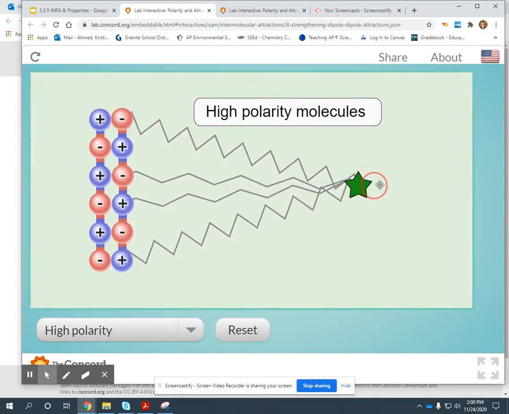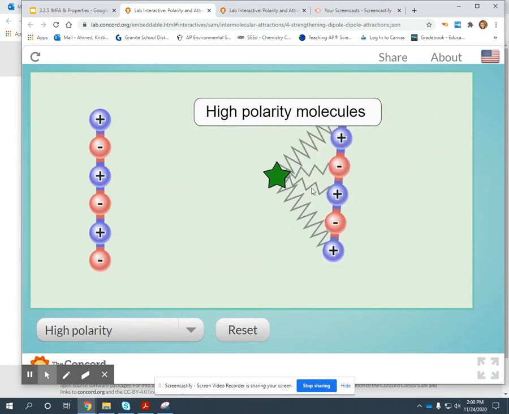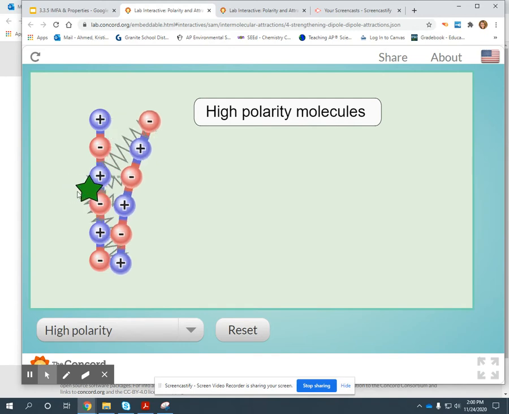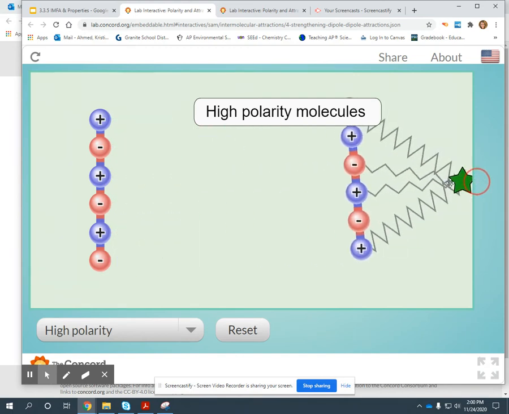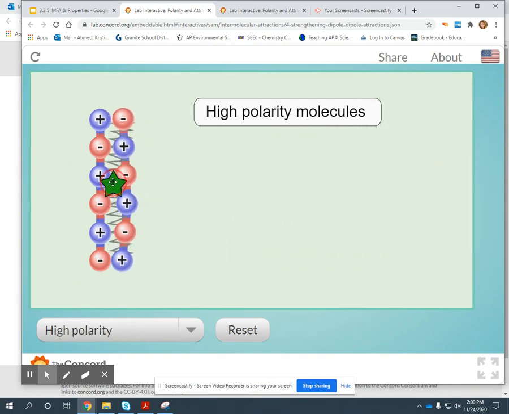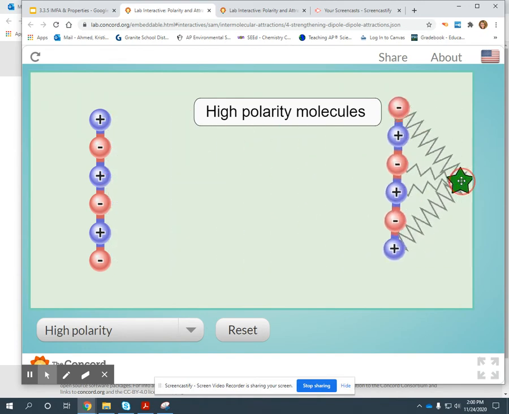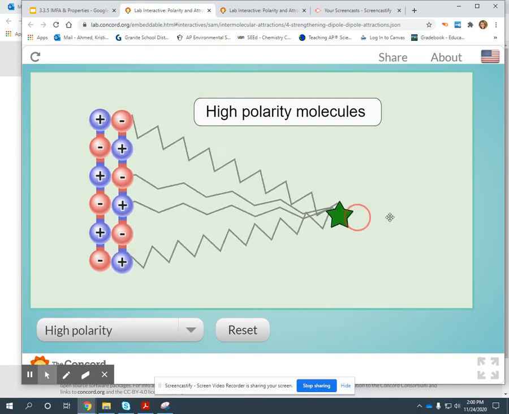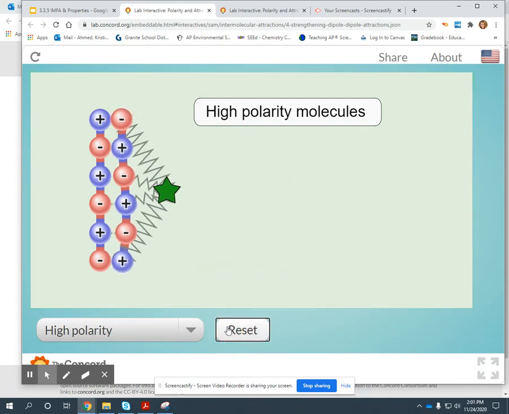Well, you can see that it takes a lot more energy to remove these molecules. It takes a lot more energy to break these bonds, to break these forces. And that's why the boiling point is so much higher, because the higher our polarity between molecules, the stronger the force of intermolecular attraction, the more energy is required to break that force of attraction.